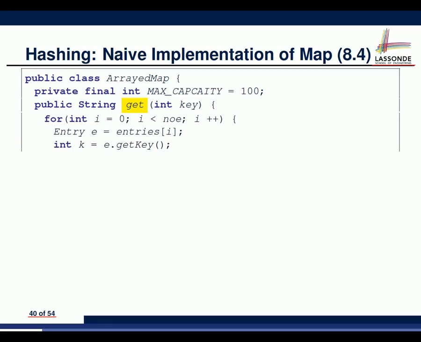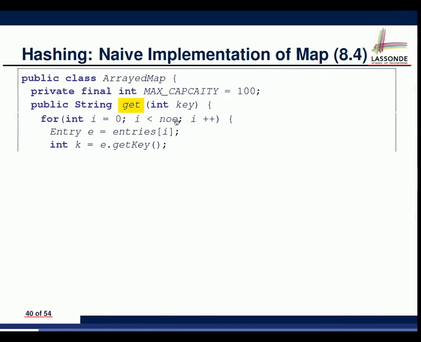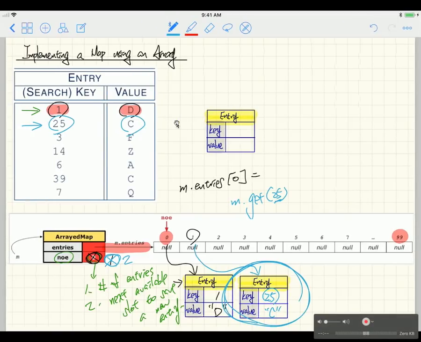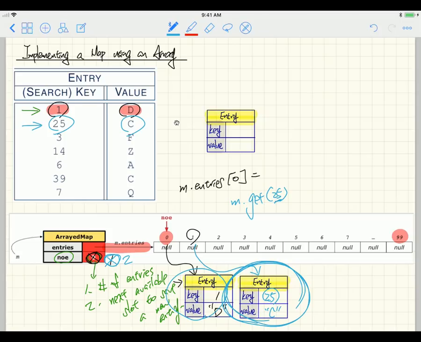I have a single loop, not nested. I would say starting from 0 until NOE minus 1. For example, if I only have 2 entries in the map, I only have to go until index 1, which is exactly the number of entries, 2, minus 1. That's the idea.